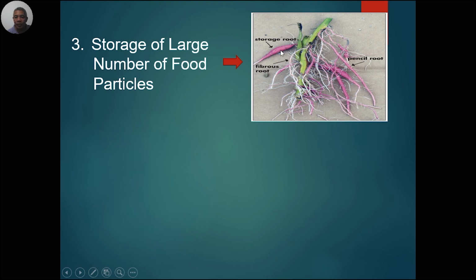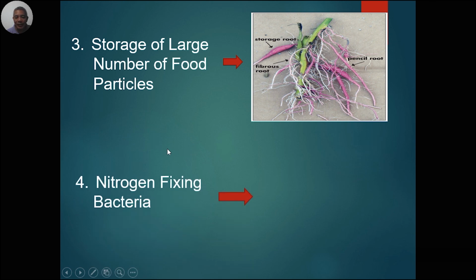And of course, the storage roots consist of different nutrient elements from the soil and food produced during the process of photosynthesis, and they are accumulated in the roots, and that is the reason why the roots enlarge, and this is what we call storage. It serves as food for human beings.